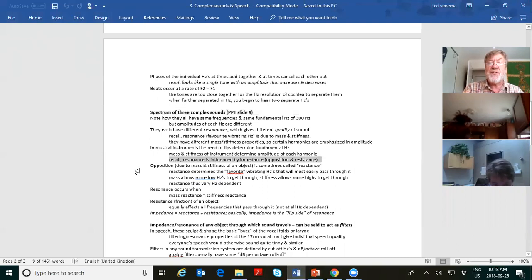Opposition due to mass and opposition due to stiffness are called reactants. I'll stop sharing and just talk a little bit of history here. Think of a locomotive, of a train. It's got a lot of mass. You can't jiggle a locomotive.